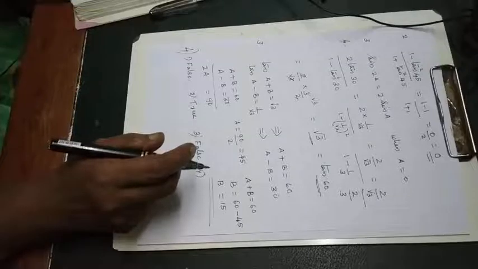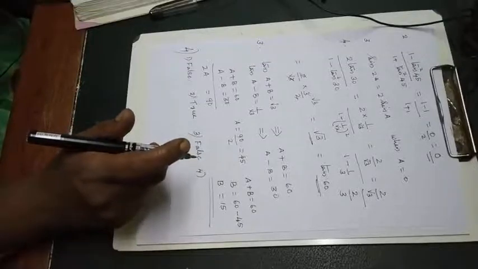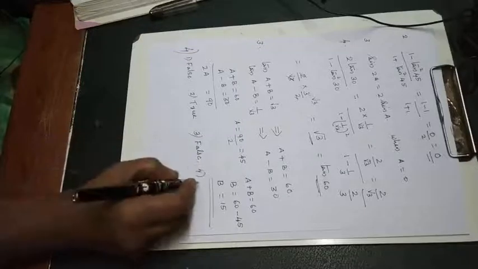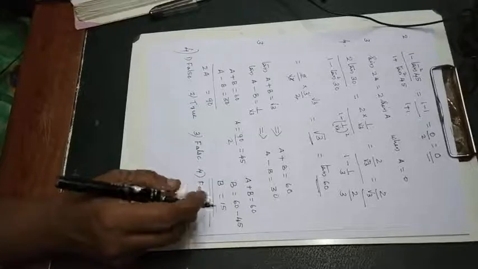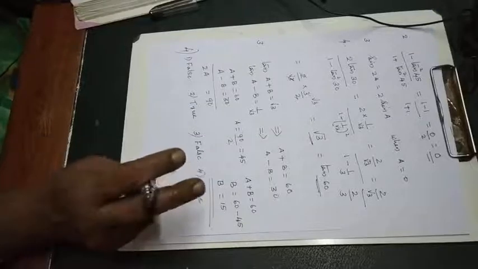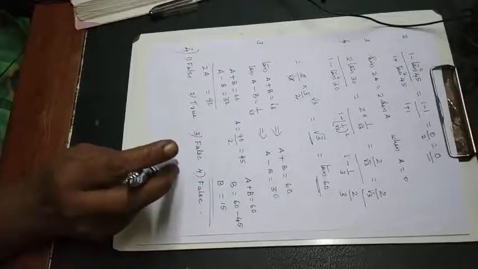No. Sin theta is equal to cos theta only for theta equal to 45. So this is also false. When theta equals 45, only then sin and cos have the same value.